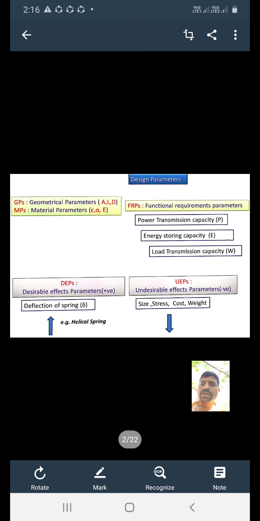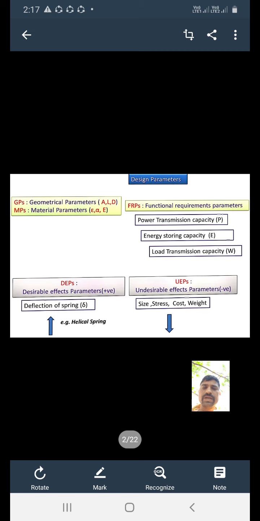However, where standard sizes are involved, the size can be varied only in discrete steps, meaning one by one. The geometrical parameters are independent of each other, remember that. And in the design equation, the geometrical parameters are dependent on the functional requirement parameters and the material parameters.